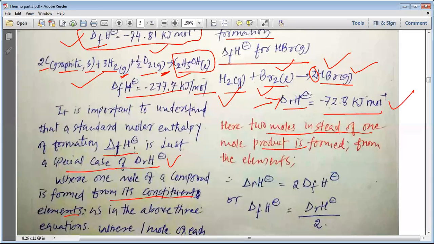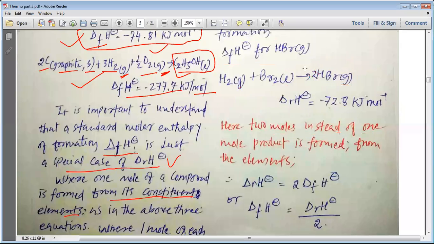So the reaction we have been watching should actually be 1/2 H2 gas plus 1/2 Br2 gas, that gives HBr gas. This is how it should go.